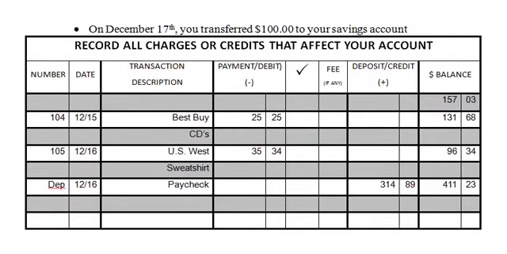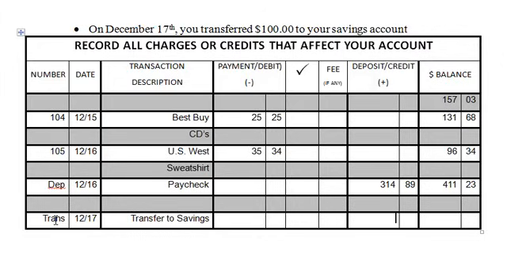The next day, on December 17th, you transferred $100 to your savings account. Again, we're going to use a code for a transfer, such as trans. We're going to enter the date, which was the 17th of December. We're going to put a transaction description, which is transfer to savings.